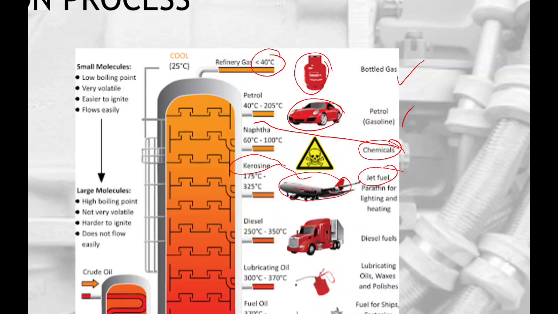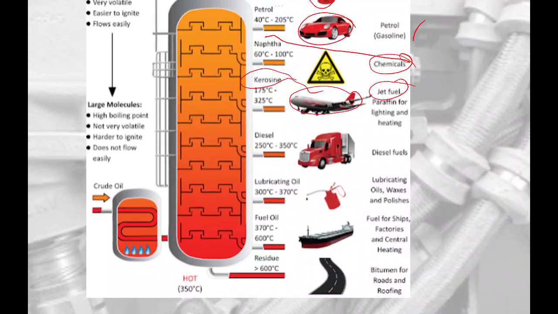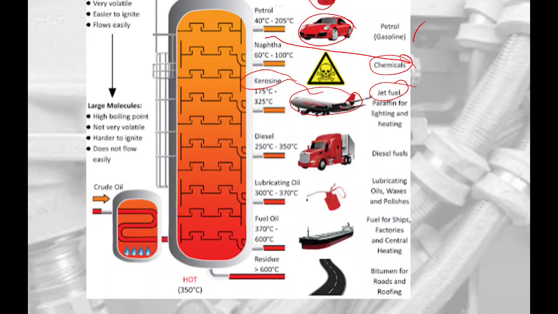Next you get diesel, at 250 degrees Celsius to 350 degrees Celsius. So you can extract lubricating oil at 300 degrees Celsius up to 370 degrees Celsius. Fuel oil, used in ships, in factories, and also in central heating, comes at 370 degrees Celsius to 600 degrees Celsius.